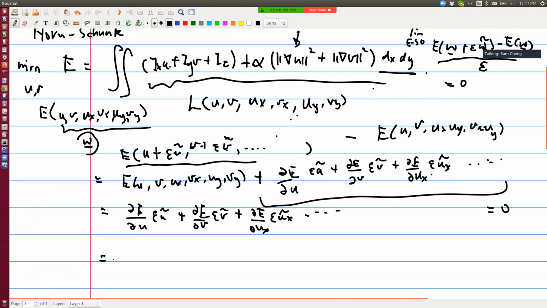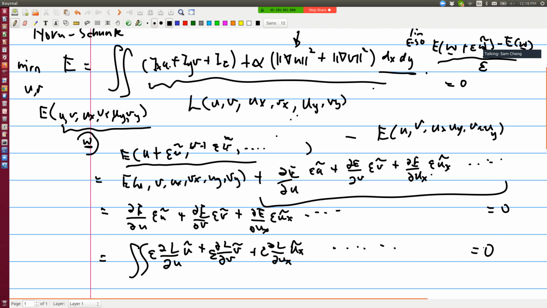So actually this is equal to the integral of partial L partial u times epsilon u tilde, plus partial L partial v times epsilon v tilde, so on and so forth. Actually, maybe I write a couple more terms again: partial L partial ux times epsilon ux tilde, and so on. 3 more terms, and this is equal to 0.